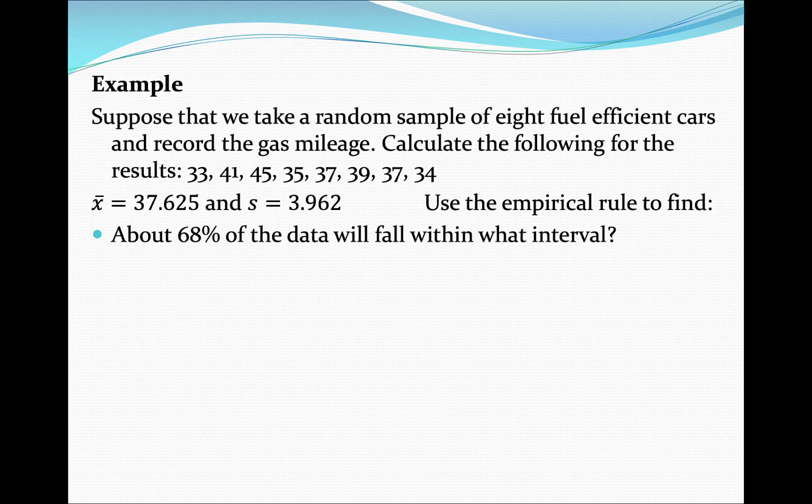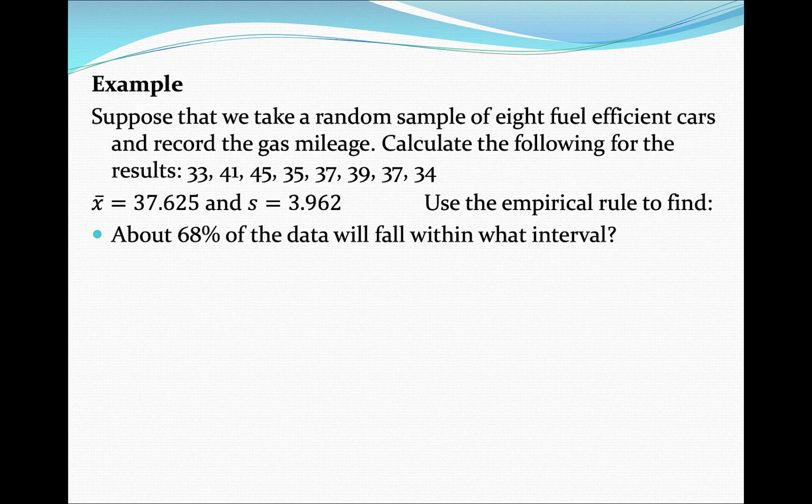A mound-shaped distribution can be symmetric or it can be skewed, but it's not uniform where it's flat. It's also not bimodal where it has multiple modes. So whenever you get into uniform or bimodal distributions, the empirical rule doesn't work very well. But most of the time it works really well. It's just a general rule that tells us about how much of our data is within 1, 2, and 3 standard deviations of the mean.